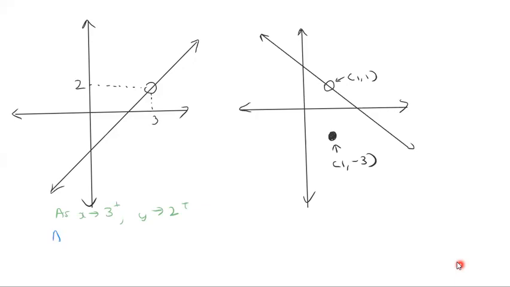As x approaches 3 from the negative side, y approaches negative. Yep. And note, in my example here, because of the open circle, f of 3 does not exist.